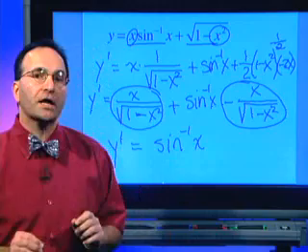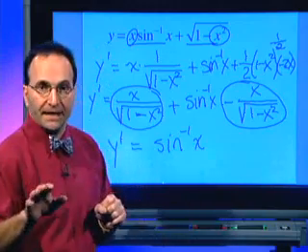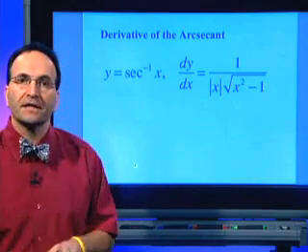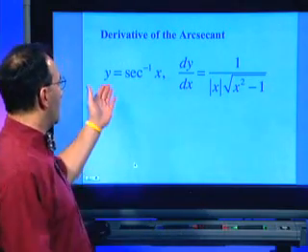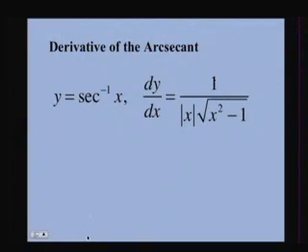Now, let's take a look at the derivative for arcsecant. The derivative of arcsecant is where we have y equals secant inverse of x, is equal to 1 over the absolute value of x times the square root of x squared minus 1.